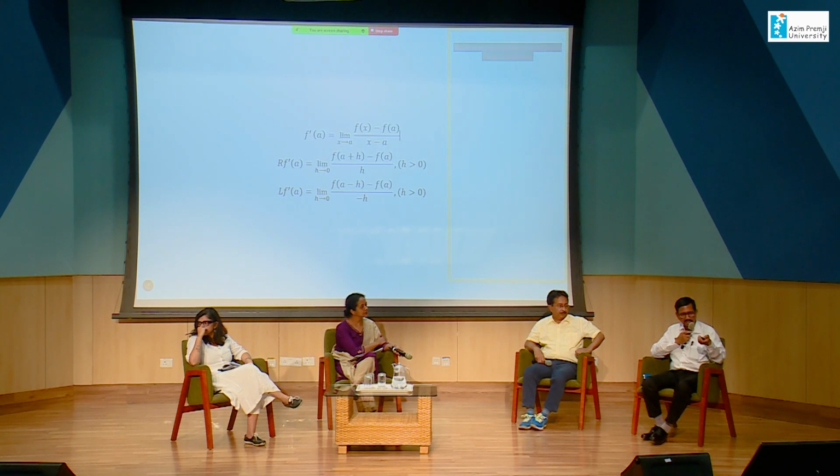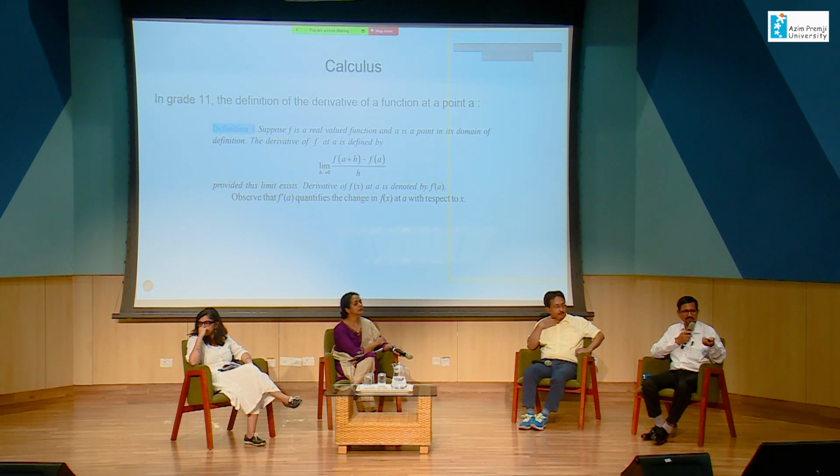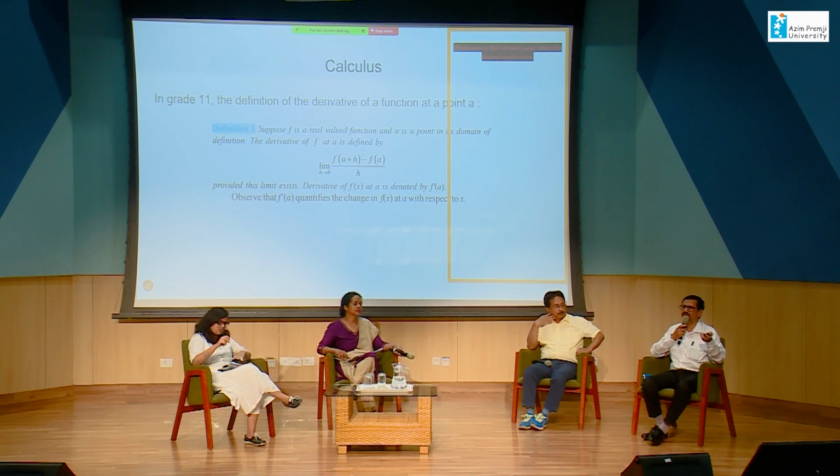But when we compare the right-hand derivative, it somewhat matches with the definition which was given in grade 11, and that leads to the confusion that this was only right-hand derivative. So there is a need of emphasizing the fact that h could be even negative; h can approach 0 from the left side also. That part is not written anywhere in the textbook.